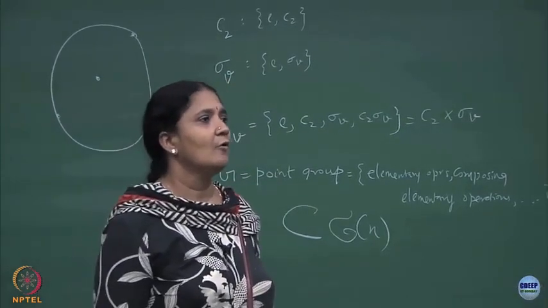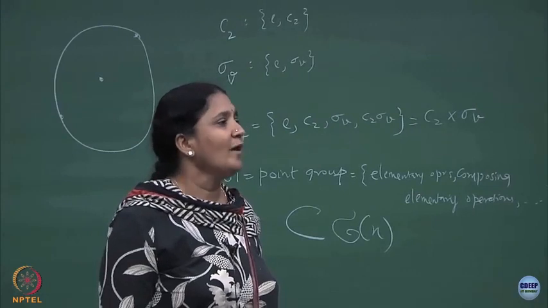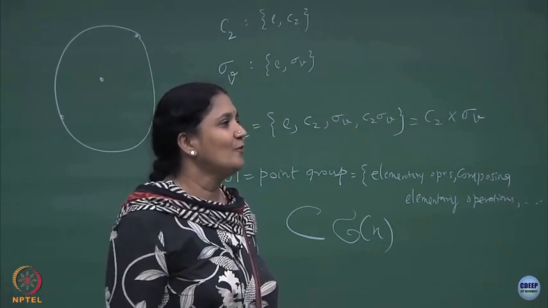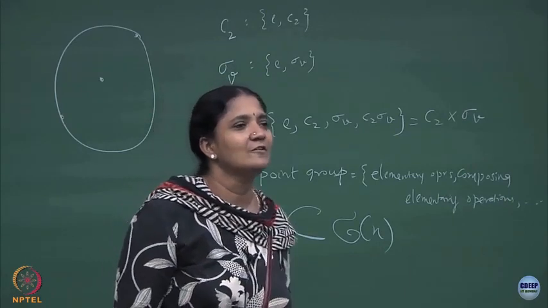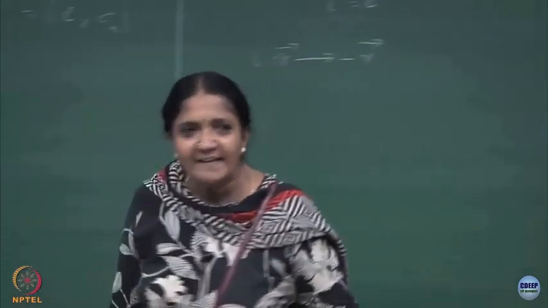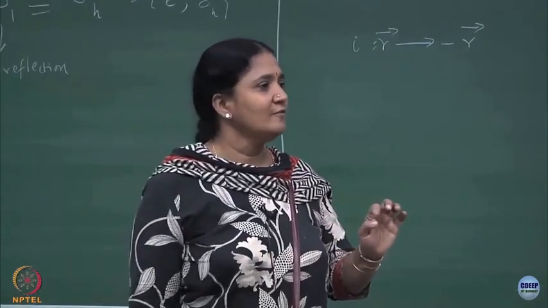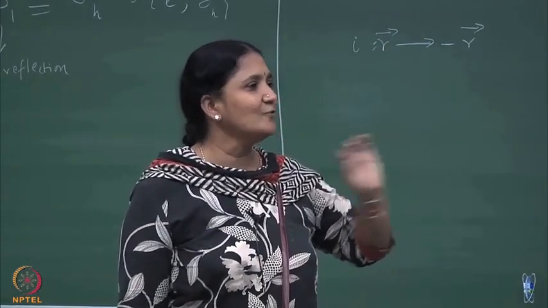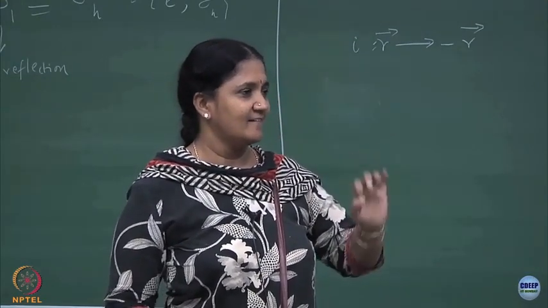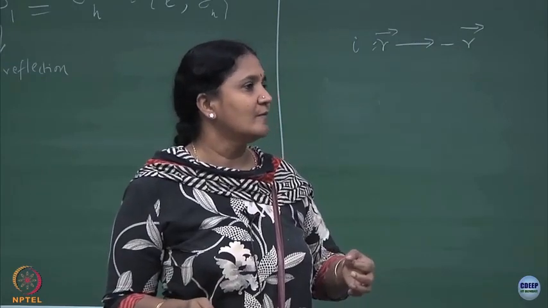Okay. So, all these point groups, why is it called a point group? Anybody know why the name point group came in the context of molecular symmetries? At least one point in the molecule through which the principal axis goes, right. Take an ammonia molecule.